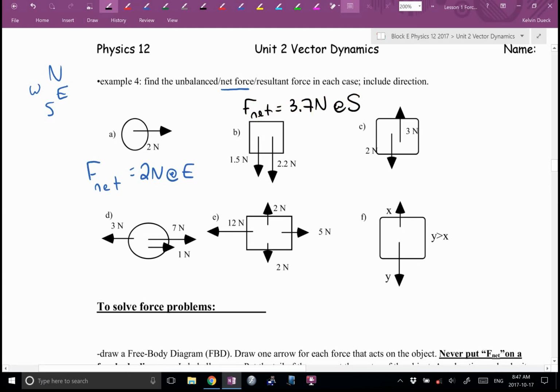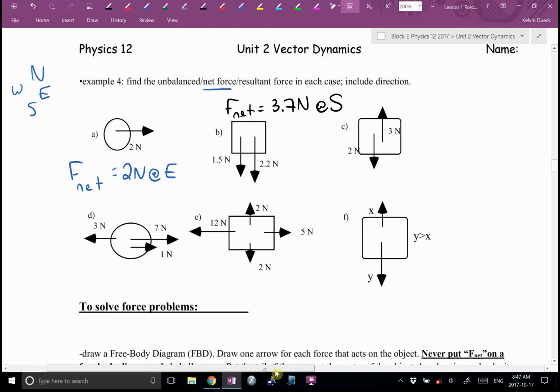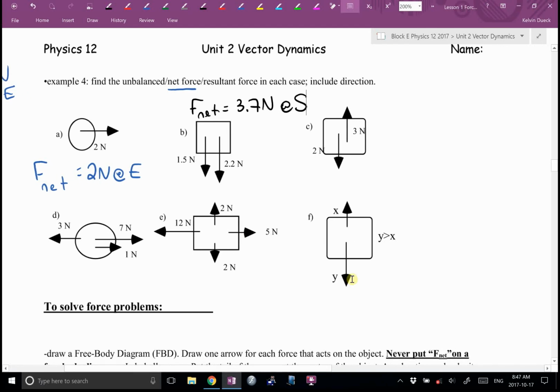Good. What's the net force in C? Magnitude and direction. 1 newton north. Yep.